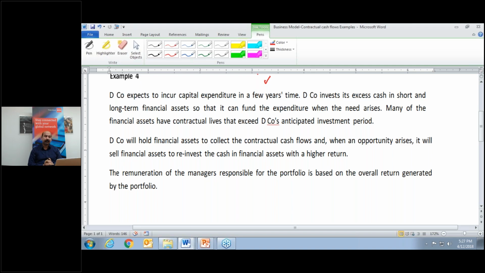Okay, now example number 5. F Bank holds financial assets to meet its everyday liquidity needs. The bank actively manages the return on the portfolio in order to minimize the cost of managing those liquidity needs. That return consists of collecting contractual payments as well as gains and losses from the sale of financial assets.